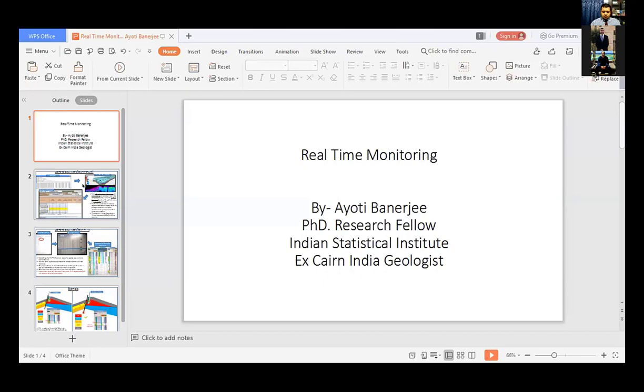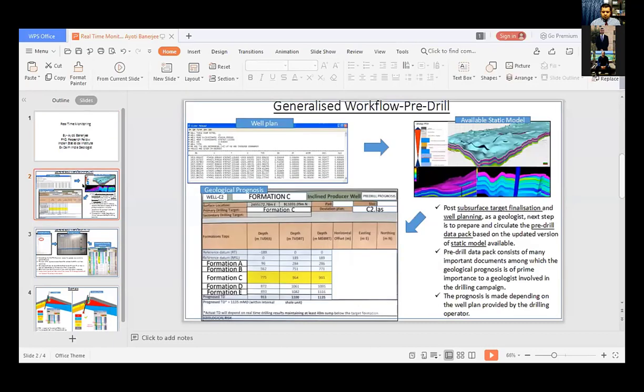That encompasses finding a well plan, getting a well plan from the drilling operator if we have a drilling partner. In our case, it was Halliburton. We give them the subsurface target, and we get the well plan in return. And then we, as geologists, load that and check whether it's meeting our subsurface criteria.